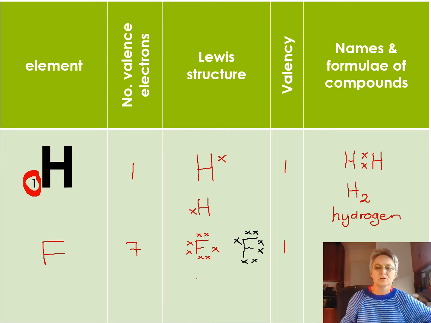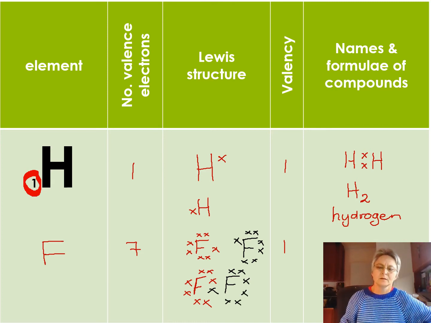This fluorine atom here will share its electron with the second fluorine atom. So these two electrons are shared between the two atoms. So now the formula for fluorine is F2. And like hydrogen, it is a diatomic element.